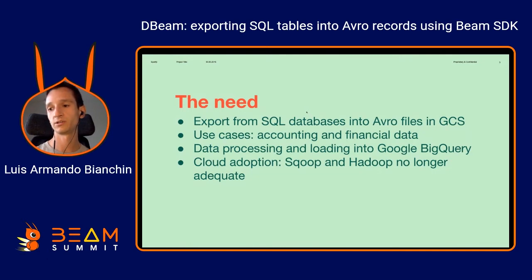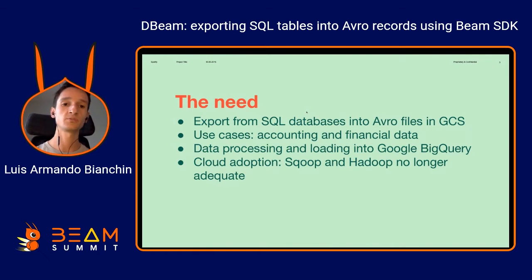And we also built the Scala DSL on top of Beam SDK called Scio. So usage of Beam SDK and Dataflow is very spread at Spotify. But we also had some SQL databases that we need to make this data available for further data processing.